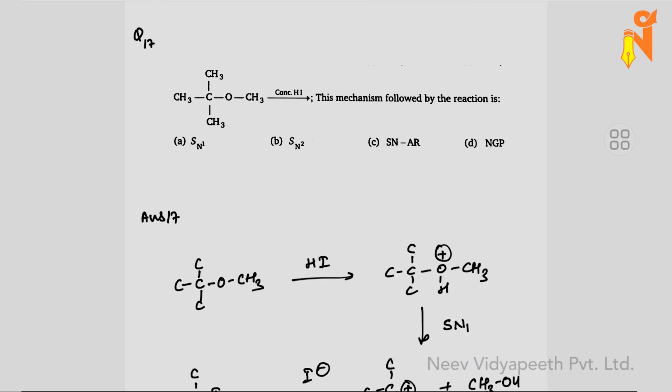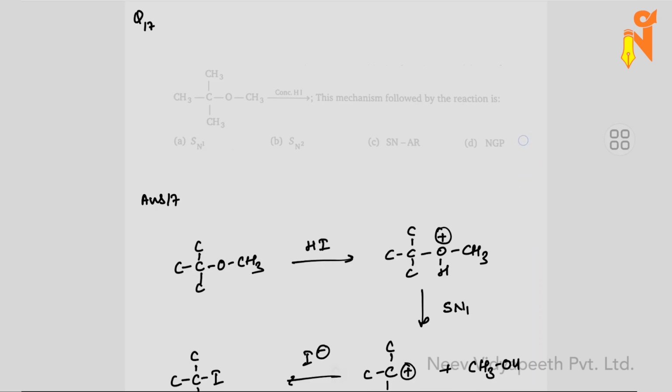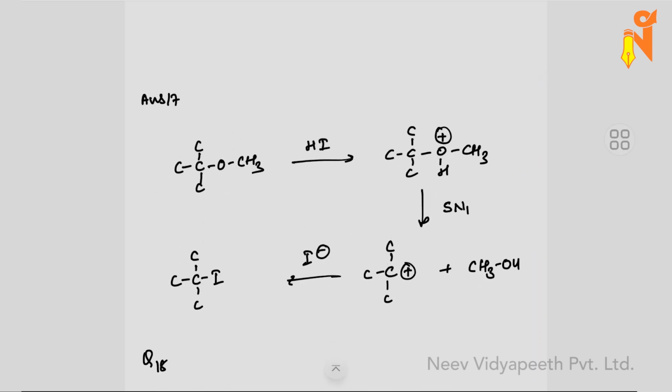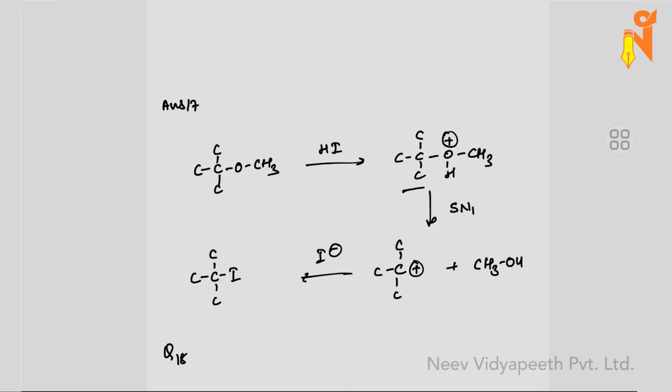Now again in question number 17, we have to do the reaction with HI and see whether the reaction is SN1 or SN2. The condition for hydrolysis is if there is a 3-degree carbon present next to the oxygen and a 1-degree, then the reaction preferably goes through SN1 because it is capable of forming a more stable carbocation. The molecule will cleave in such a way that electrons will be taken by oxygen.